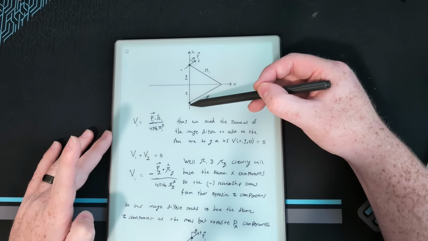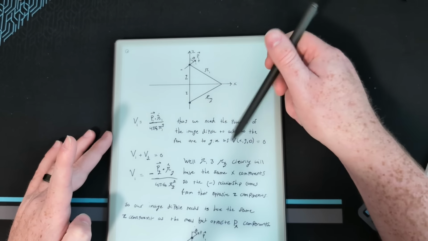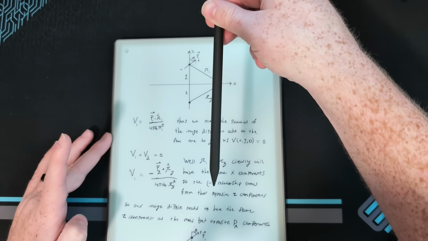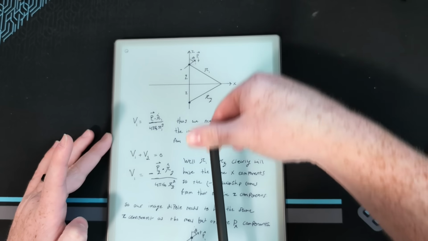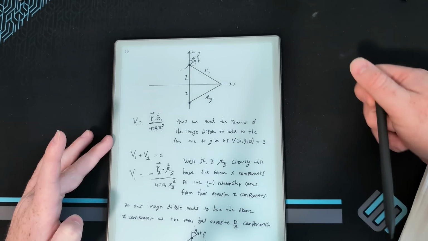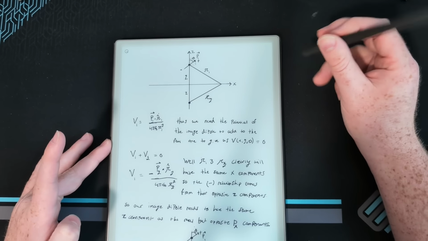The z component, though, if we flip the z component, meaning the dipole was pointing downwards, I guess, then there would be a minus sign there.